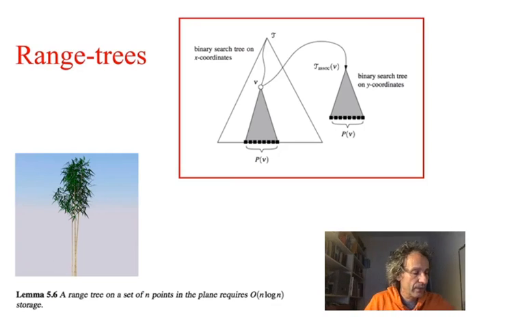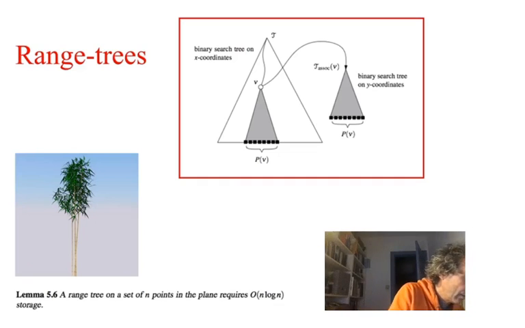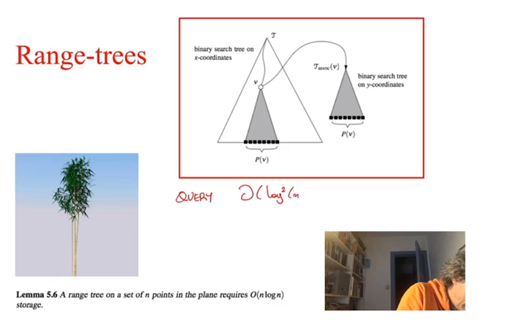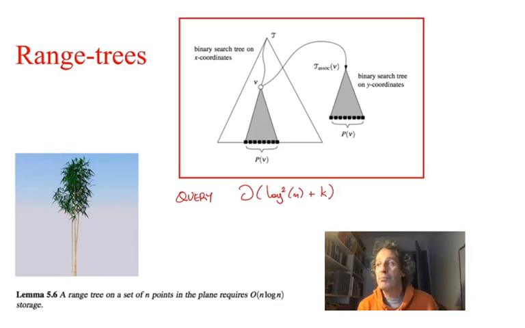So now a query will be of log squared n plus k. But you have to pay a price for that.